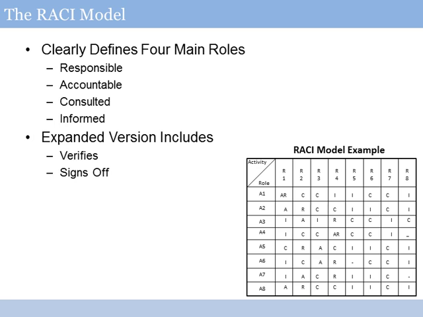C stands for consulted, and consulted resources have appropriate inputs that need to be taken into account. In many cases, they may have certain subject matter expertise or other kinds of knowledge or experience that we need in order to carry out the activity successfully.